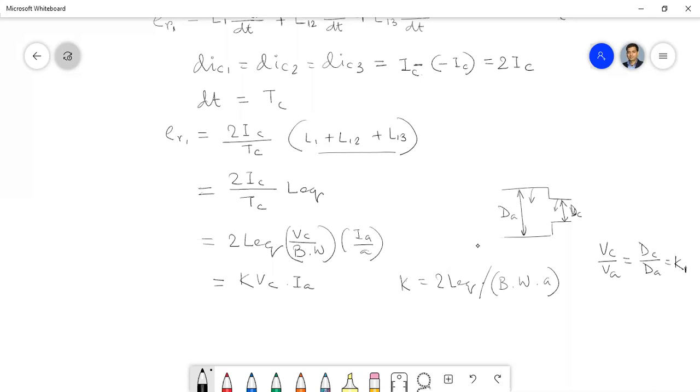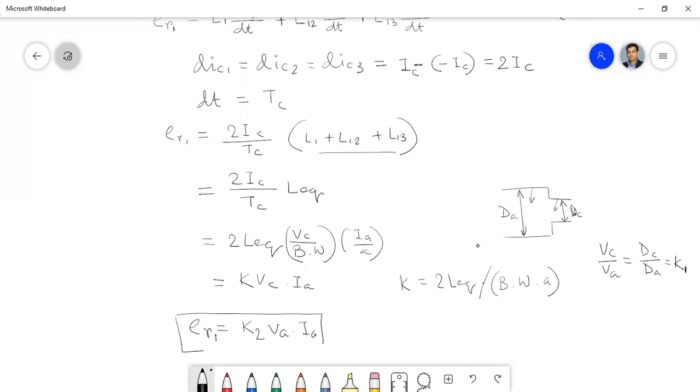So by that assumption, we can write this as another constant into VA into IA, where VA is the peripheral speed of the armature.